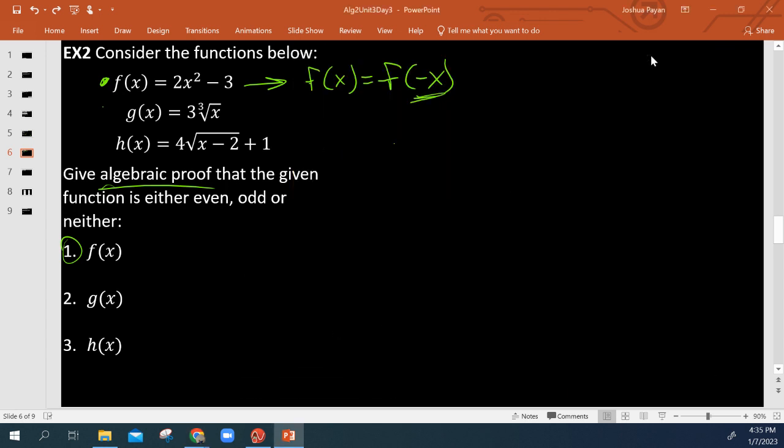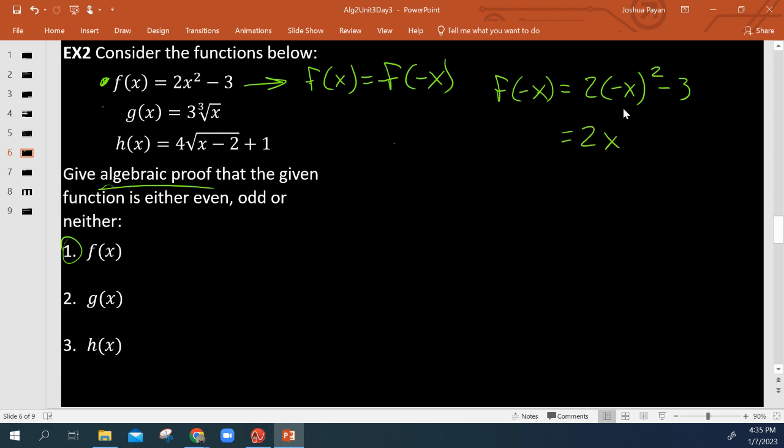So if I replace every instance of x with negative x, I should arrive at the exact same function that I started with. So let's try that. f of negative x is equal to 2 times negative x all squared minus 3. Negative x squared, well, that's just negative x times negative x. A negative times a negative is a positive.